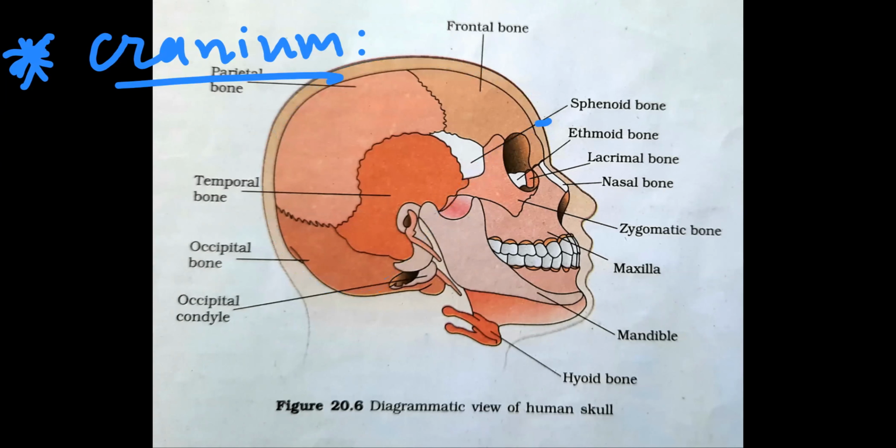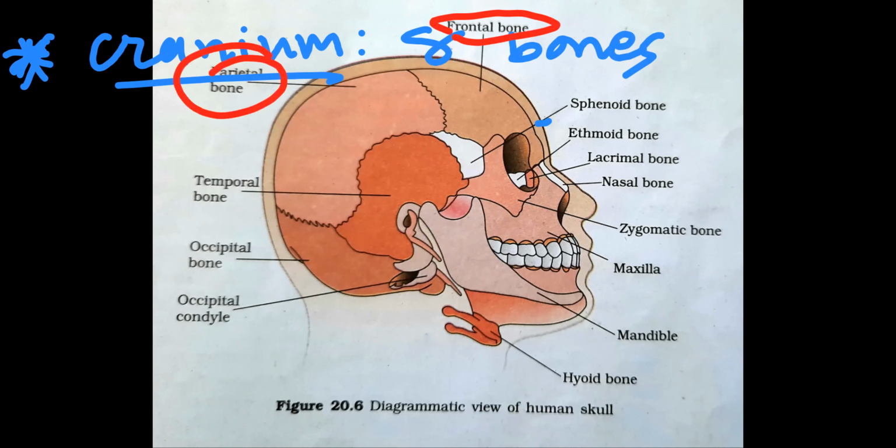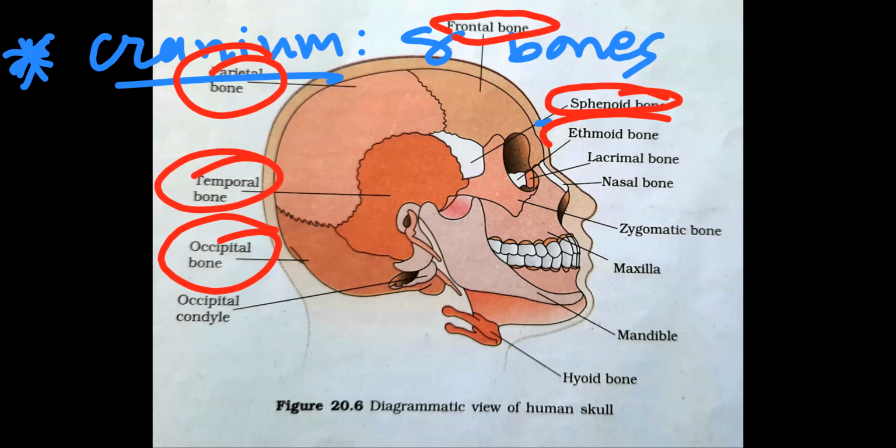Cranium is made up of 8 bones, in which one category is frontal, another category is parietal, another category is temporal, and then occipital, sphenoid, and ethmoid.